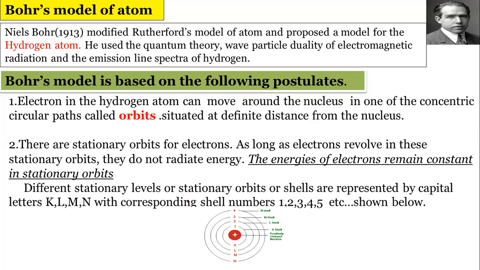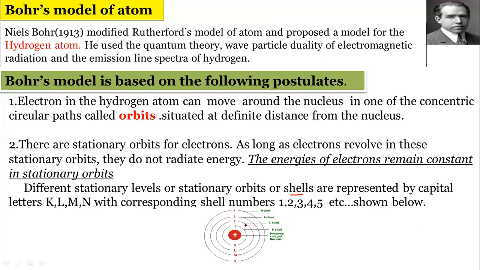Different stationary levels or stationary orbits are called shells. This is given by Niels Bohr. These shells are also the orbits. See, this is the nucleus. This is the first shell, then second shell, third shell, fourth shell.